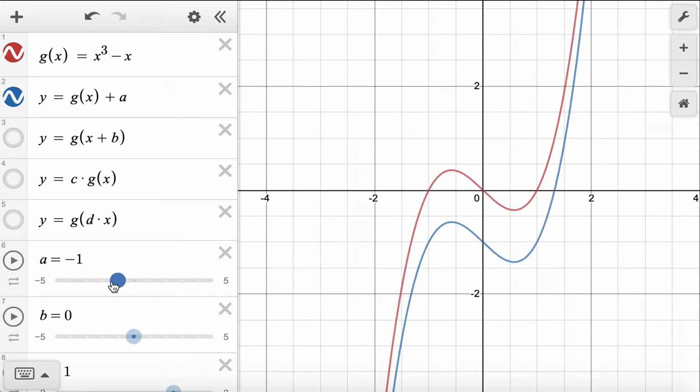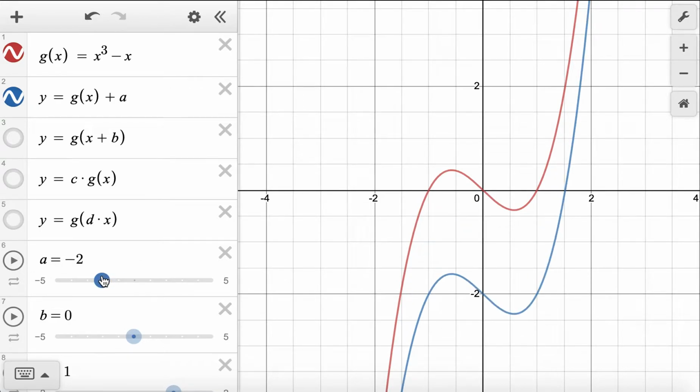We can also move it down by making a equal to -1, or we can move it further down, a equals -2. So to write the equation of this blue graph here, it's g of x plus a, but I have a set to equal -2, so it's g of x plus -2, which would be the same thing as g of x minus 2.